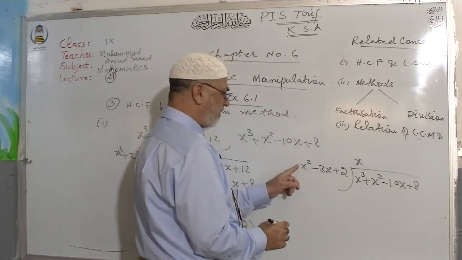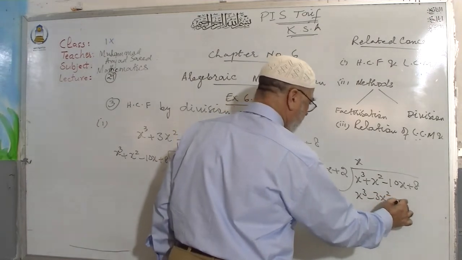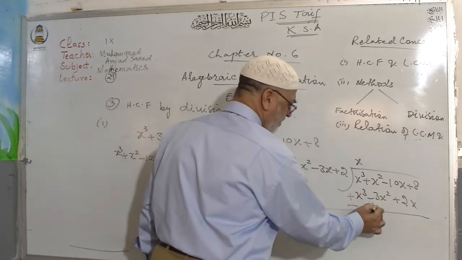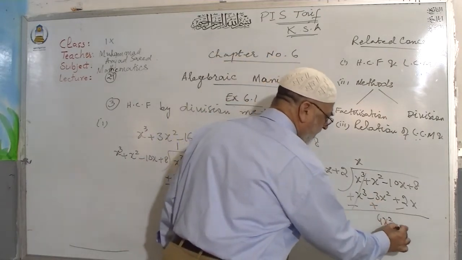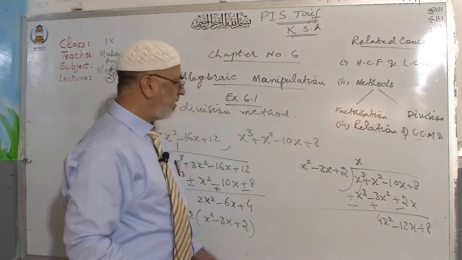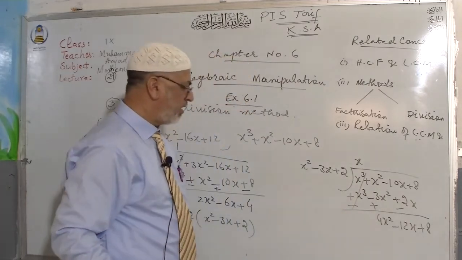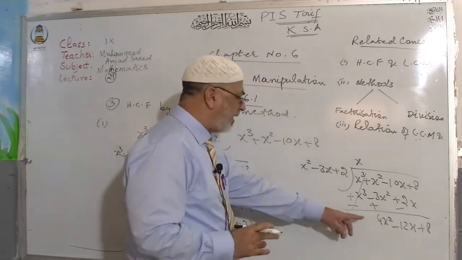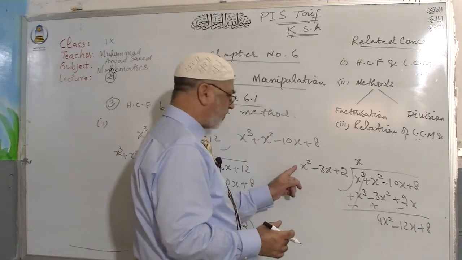First divided by first, x cube minus 3x square plus 2x. Change the sign. Here it is cancelled out. This will be 4x square minus 12x plus 8. This is x square, this is 4x square. It is still greater. So you can take common and then bring it aside, or you can divide once more because it is bigger than that one.